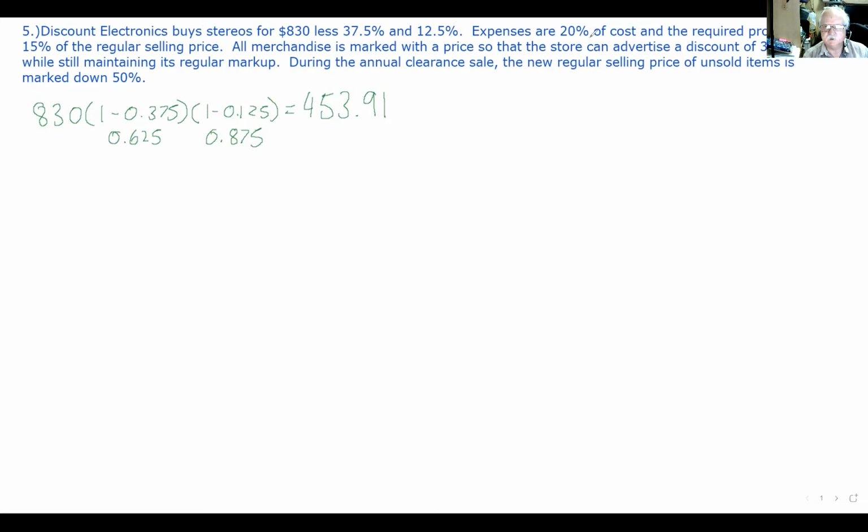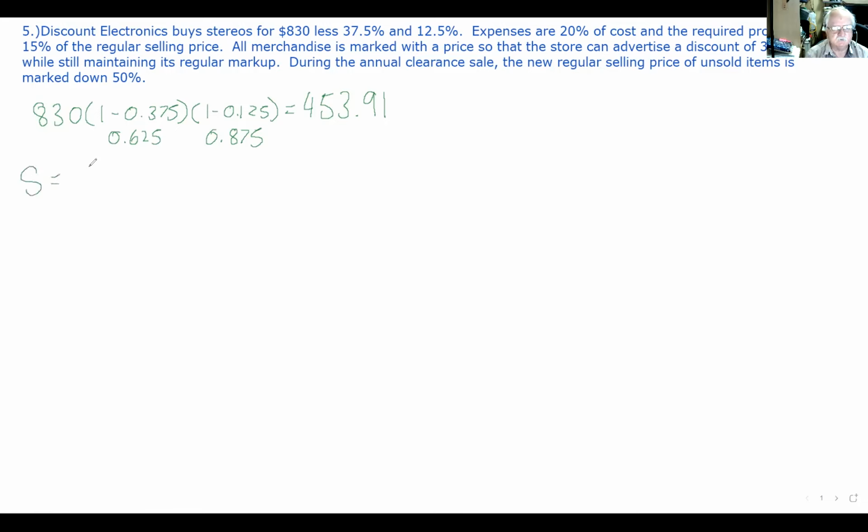Expenses are 20% of cost and required profit is 15% of the regular selling price. So this is the only question in the book where they've based expenses on cost and profit on selling price. But as long as we read it and realize that's what they've done, we can still figure it out.